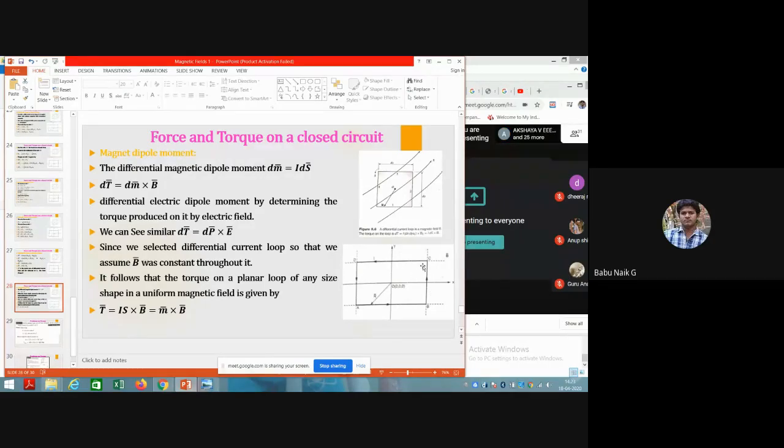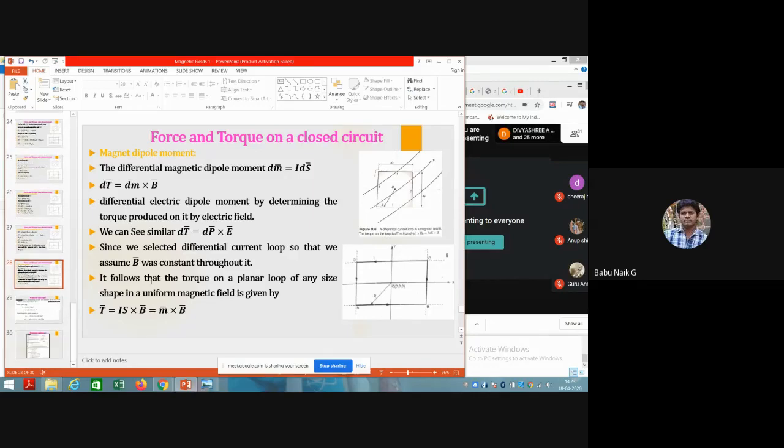The formula uses the total current I, the surface area, and the magnetic field produced due to the current. Okay, so the torque can be calculated. I think these are the two concepts for calculating torque: the dipole moment and the force.